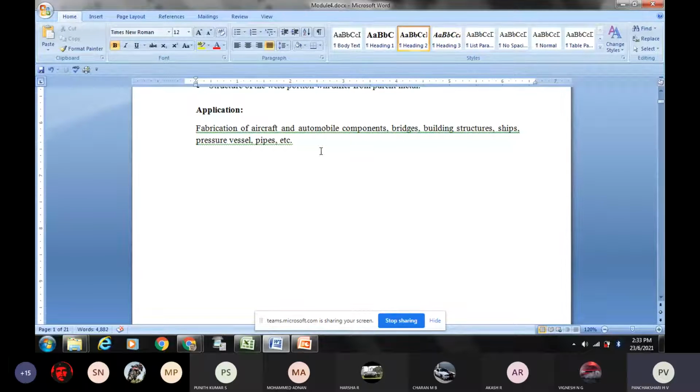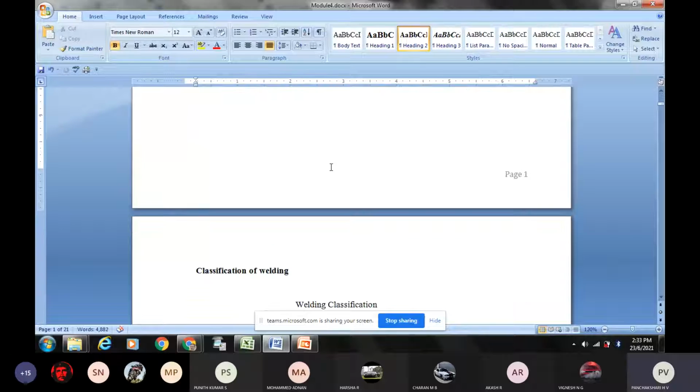Whether you go to the construction of a house, we need welding. Whether it is the construction of bridges, or the building of a vehicle body, anything you take, every engineering application is connected with the welding process. So this is the basics of welding.